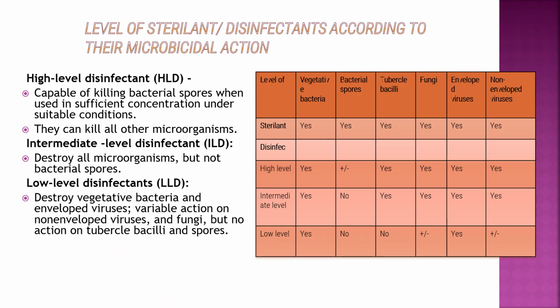Then in disinfectants there are 3 types: high level, intermediate level and low level. High level disinfectants kill all the morphological forms of the organisms except bacterial spores. Intermediate level disinfectants do not kill bacterial spores but they can damage all the other microbiological forms. Low level disinfectants do not kill bacterial spores, and fungi plus minus, non-enveloped viruses plus minus.